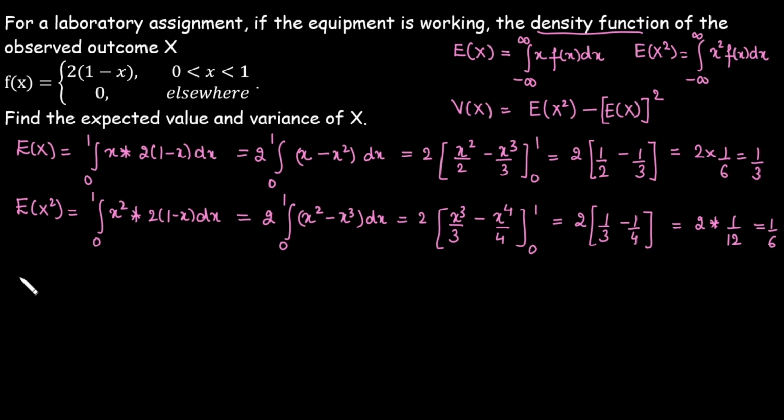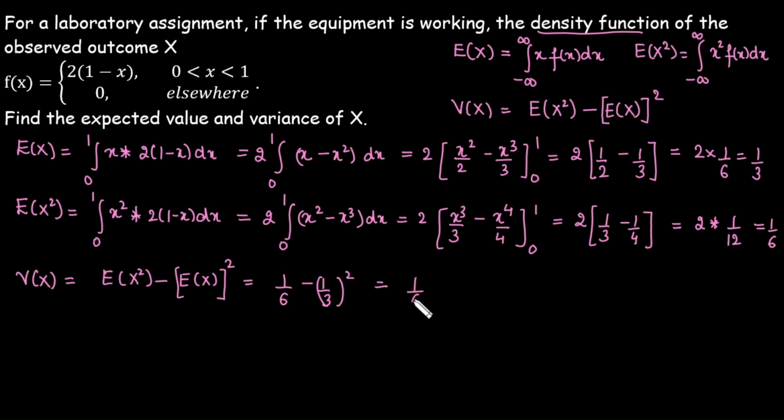Now we can easily write what is the variance of the random variable x. That is expected value of x square minus expected value of x whole square. This is equal to 1 by 6 minus (1/3) whole square.